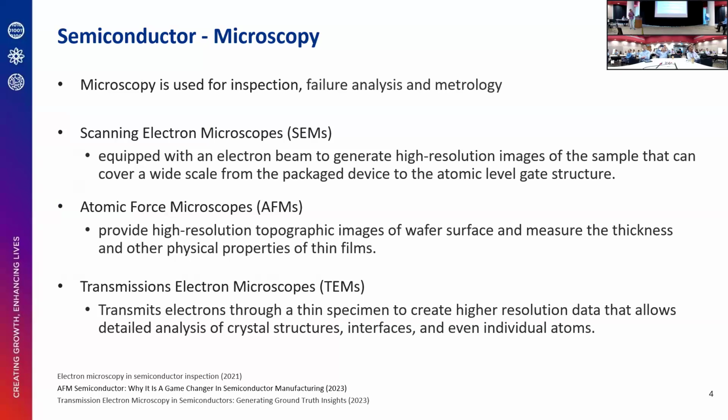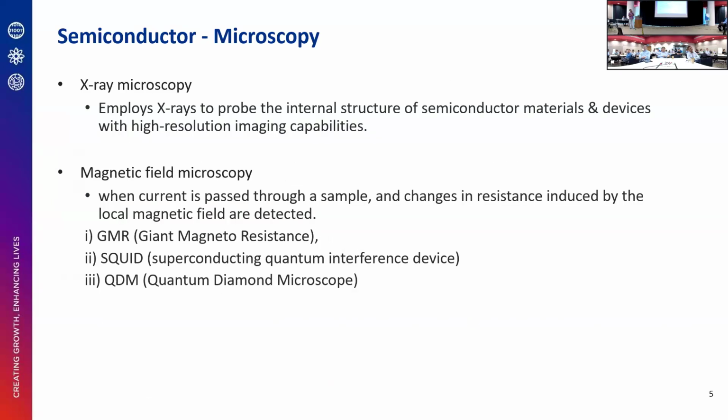Most of the microscopy I think was already touched on by previous speakers, so I don't want to go through those. Let me touch on the one which was not emphasized much. I'll be showing more on magnetic field microscopy.